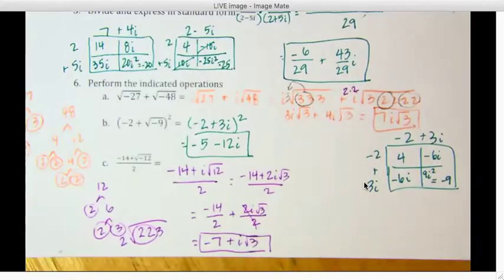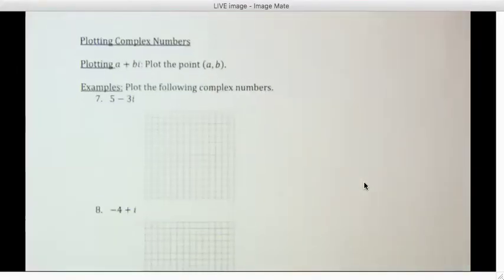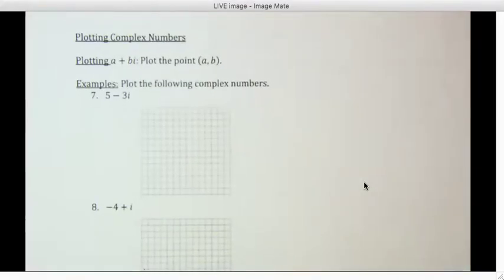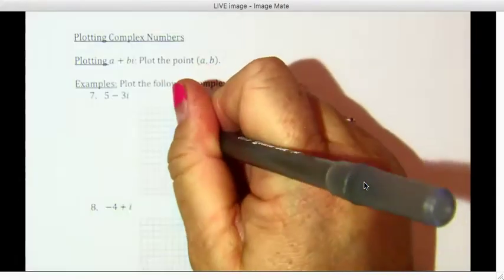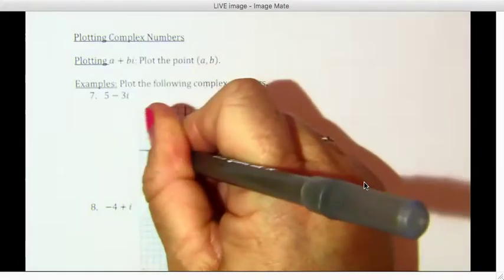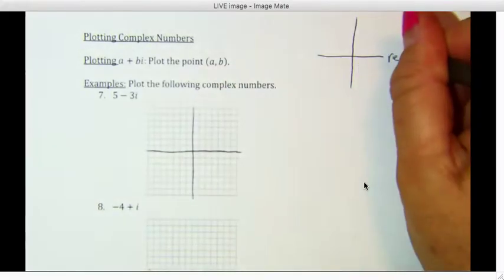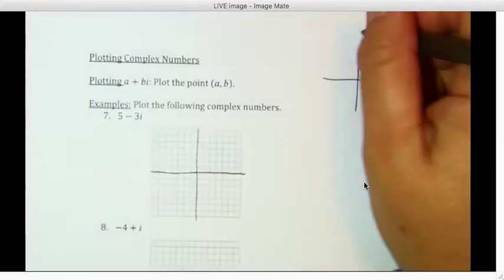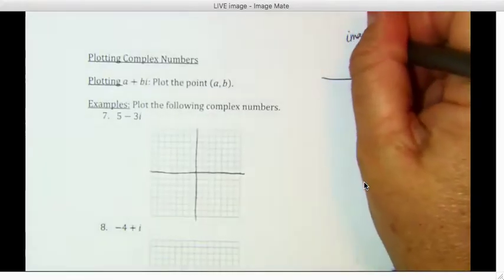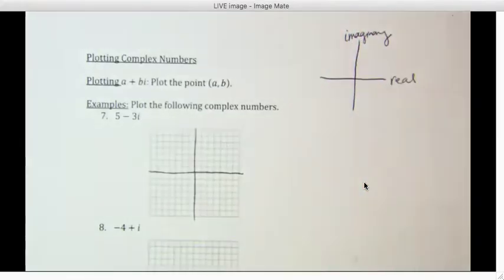Flipping the page over, we can also plot complex numbers on the coordinate plane. And these numbers act almost just like a regular coordinate. So what we will have is the real axis and the imaginary axis.